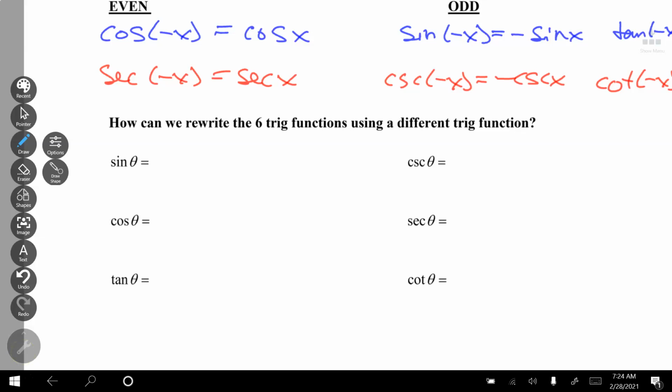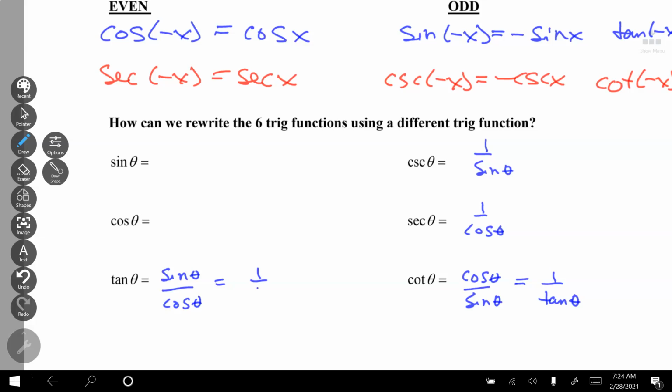And going back to what we know from the very beginning when we did trigonometry, we know that cosecant is the reciprocal of sine of theta, and secant is the reciprocal of cosine of theta, and tangent is sine of theta over cosine of theta, and that cotangent is really the reciprocal of that, so it's cosine of theta over sine of theta, which is really 1 over tangent of theta.